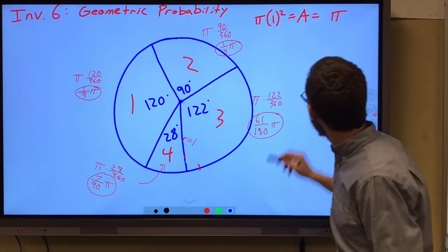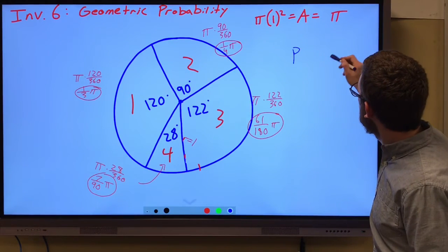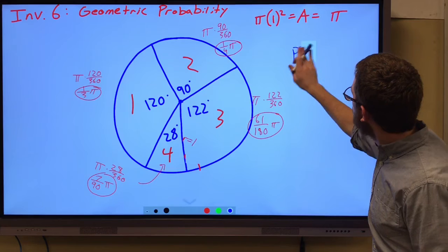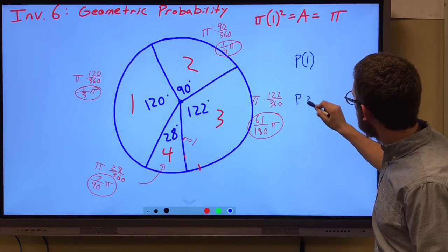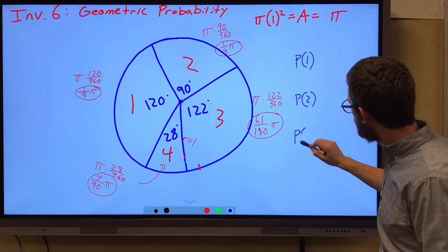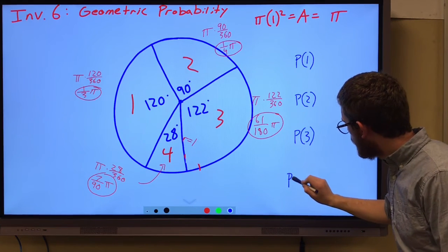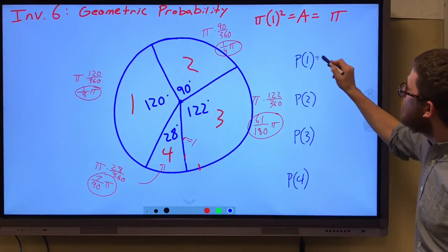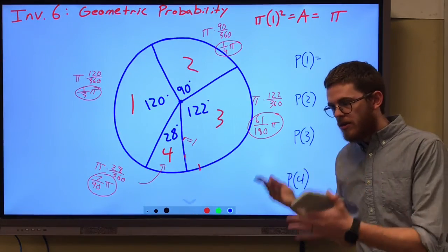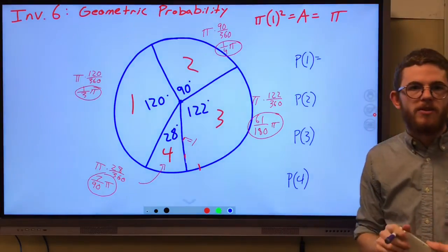Let's create a little chart for us, the probability of each thing. Let's go probability of rolling a 1, probability of rolling a 2, probability of spinning a 3, and probability of spinning a 4. All right? Well, we know it is the desired divided by the total.